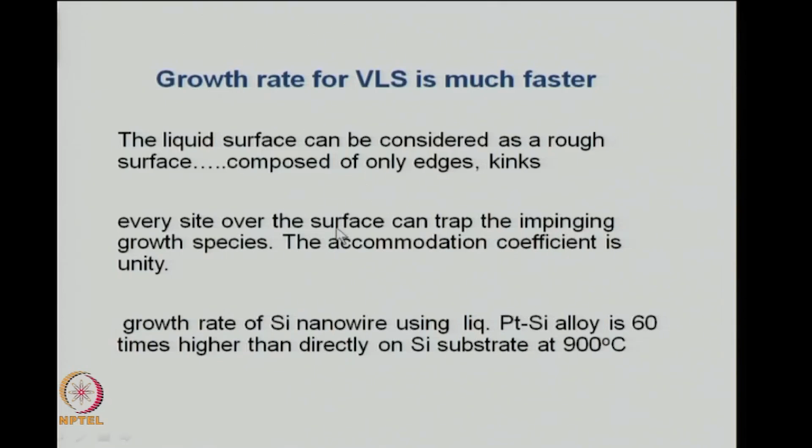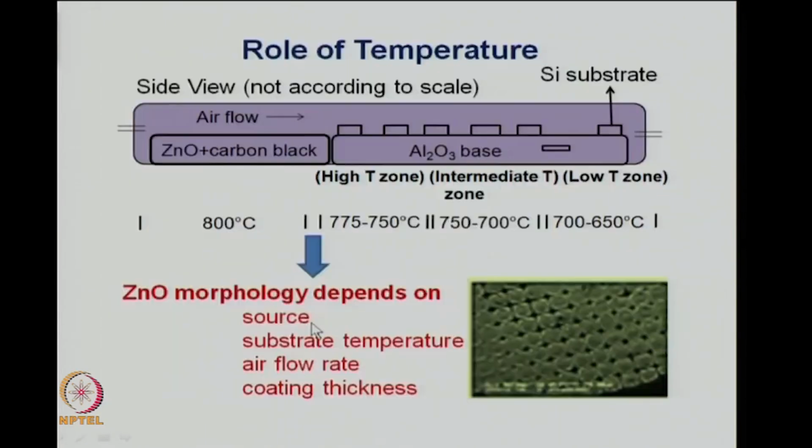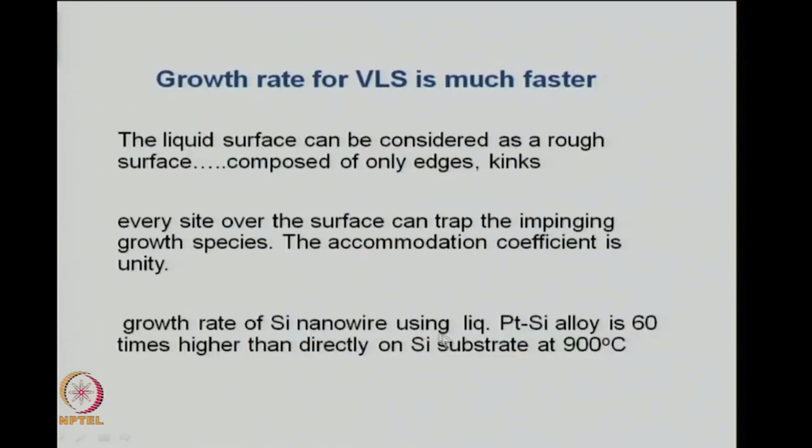For example, in silicon, if you use a liquid platinum silicon alloy, that means you have a platinum particle on top of a silicon substrate, you heat it, the platinum melts and forms a droplet with the silicon to form a platinum silicon alloy, like the gold silicon alloy we discussed earlier. When you grow a silicon nanowire using this platinum silicon alloy, it is 60 times faster.